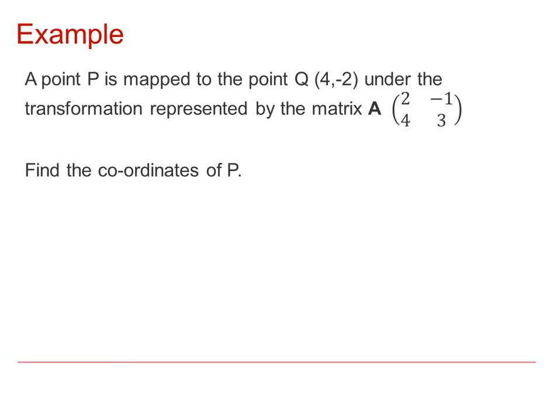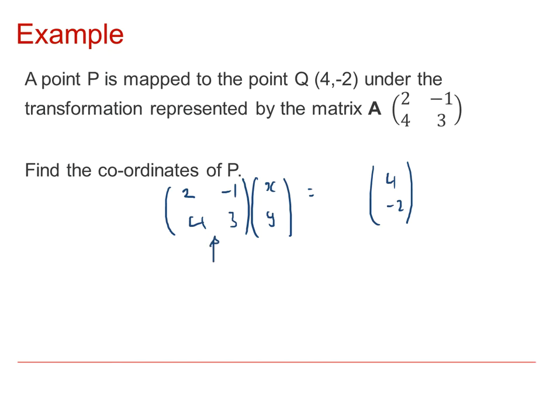As an example, if we've got P mapped onto Q, which is (4, -2), under transformation A, then what we're saying is that the matrix A, (2, -1; 4, 3), multiplied by the vector for P, let's call it (x, y), must be equal to (4, -2). Therefore, we need to multiply both sides by the inverse of this matrix.